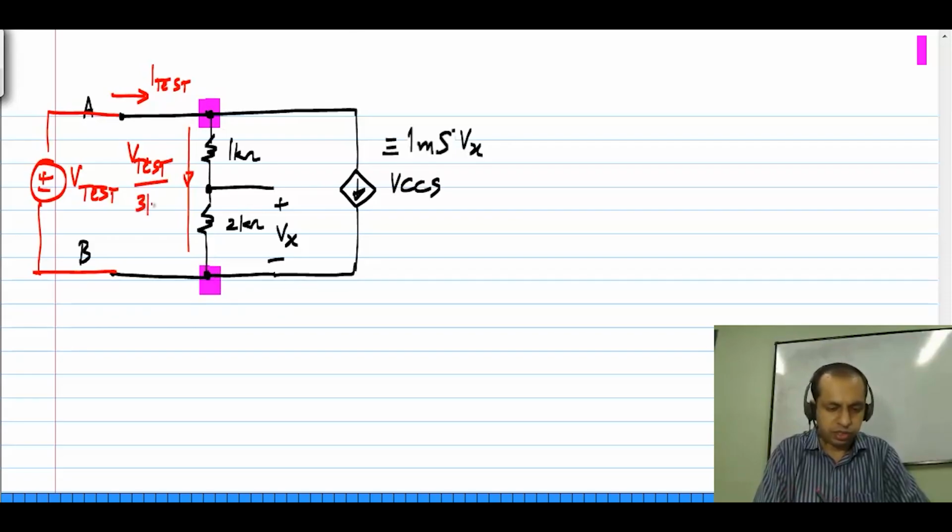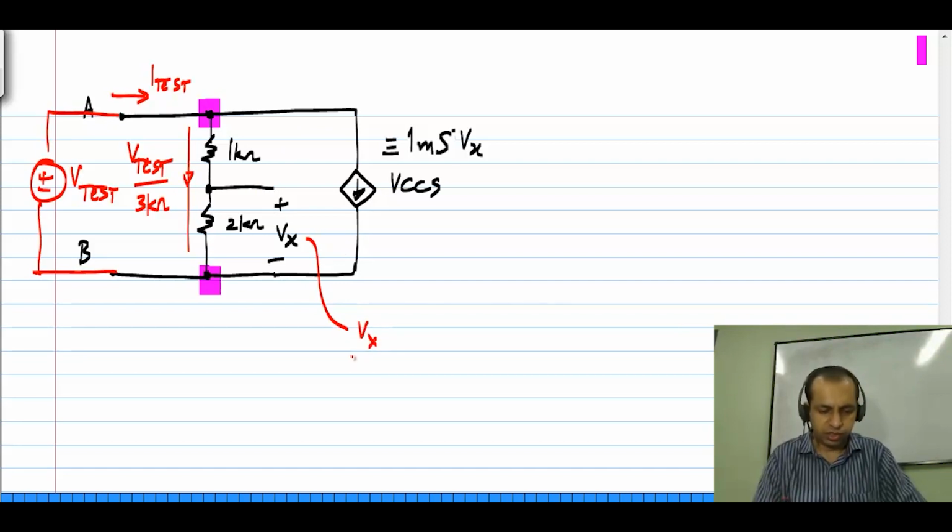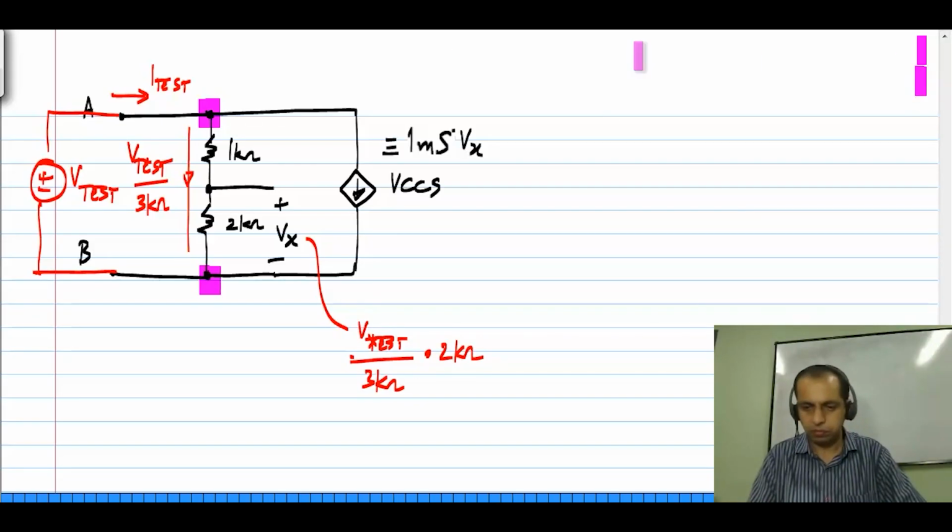So that will be V-test divided by 3 kilo ohms. And this Vx would be the current flowing through that times the resistance, which is V-test divided by 3 kilo ohms times 2 kilo ohms. Okay. Which is V-test times 2 by 3.